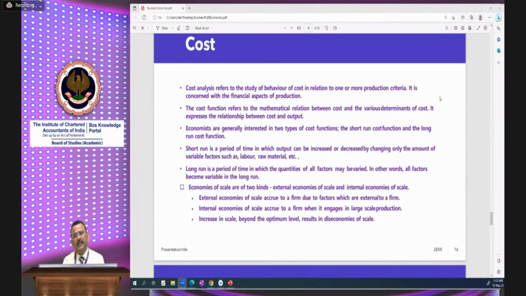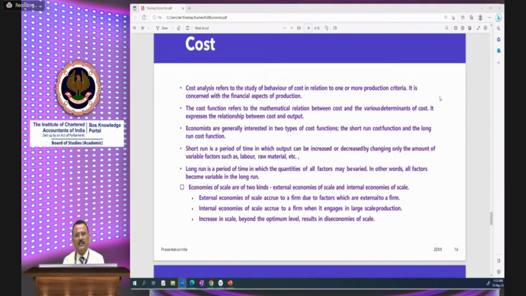The determination of price and output is very much dependent upon the shape of the cost curves. So it is very important, and you have to remember the shape and the definition of a particular cost curve.